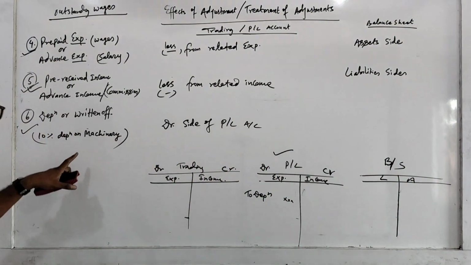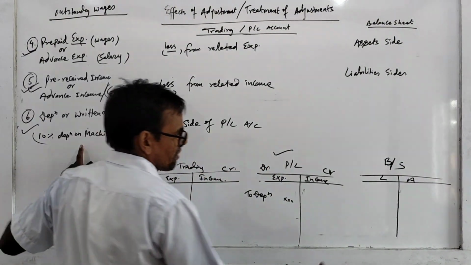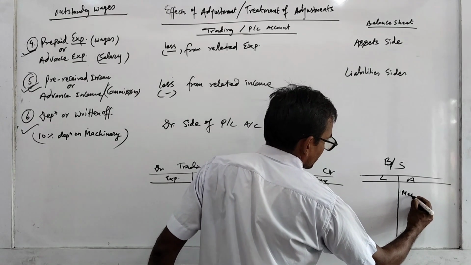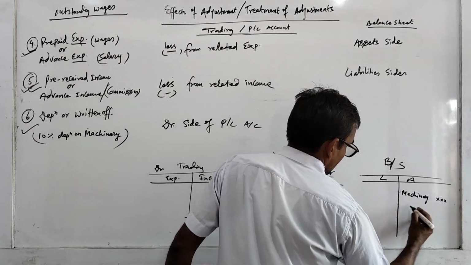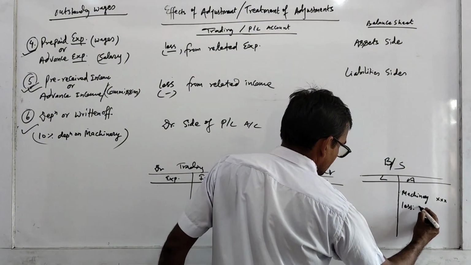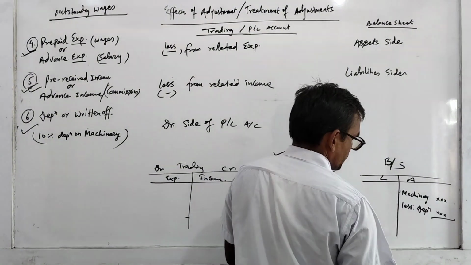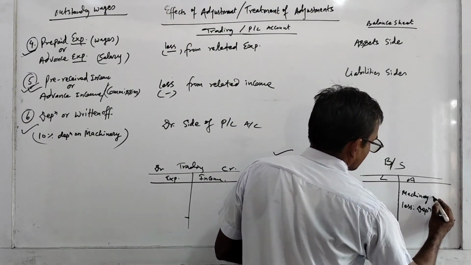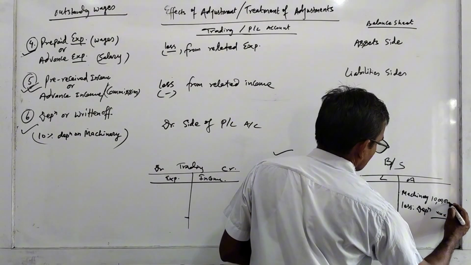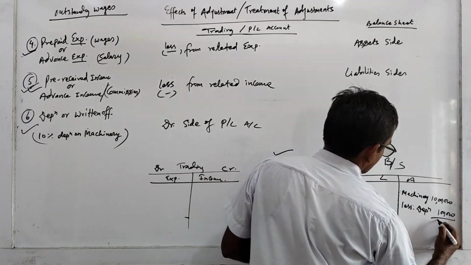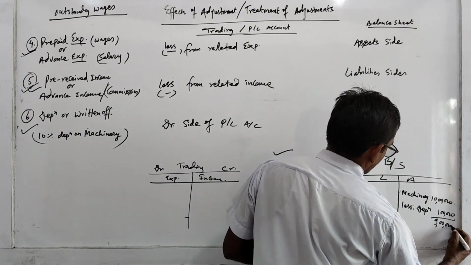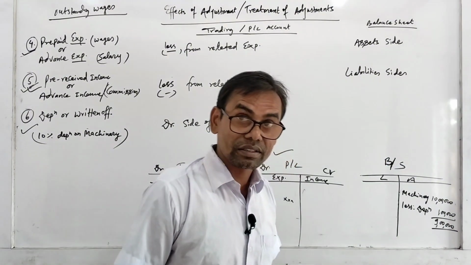And what is the fixed asset? That is machinery, and machinery is already standing where? In asset side, and you have to less depreciation. Suppose machinery is 10 lakh, and depreciation is 10%, that is 1 lakh. It means now the value of machine will remain 9 lakh.